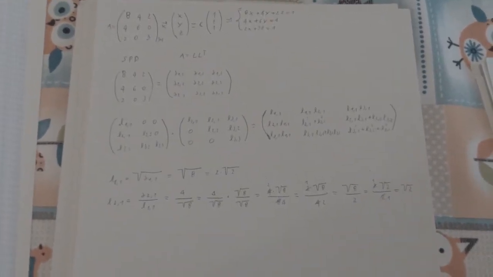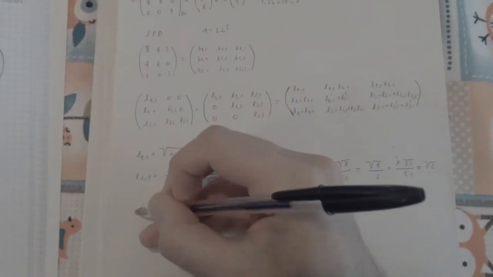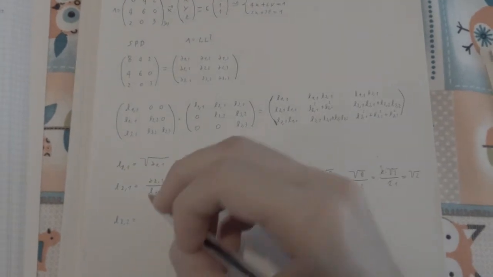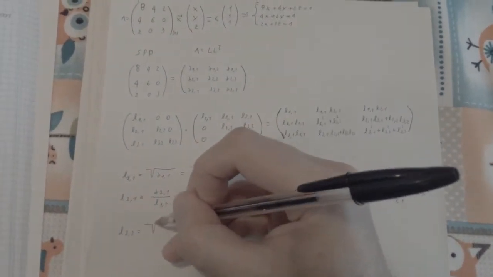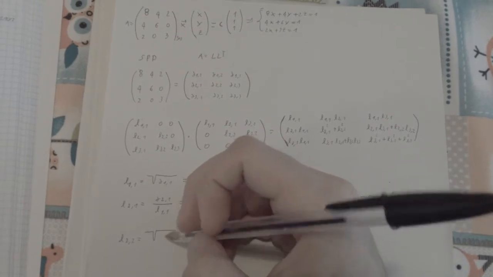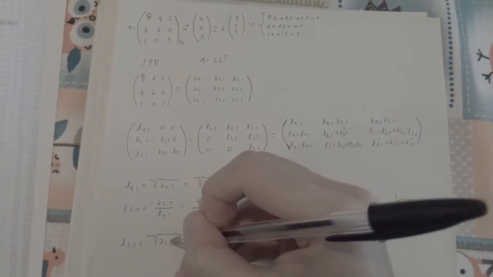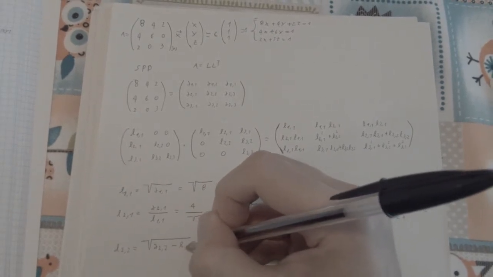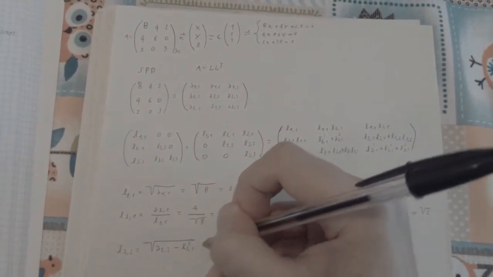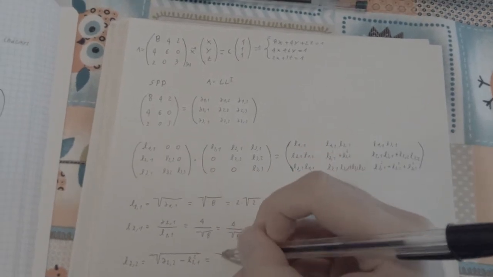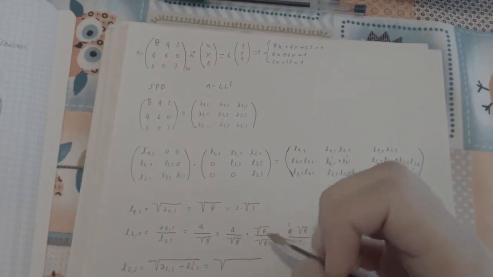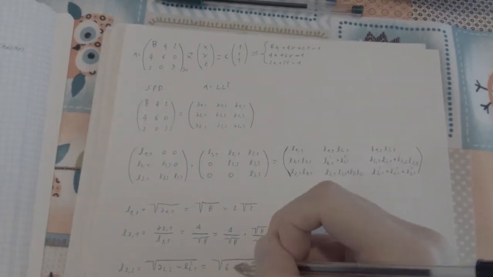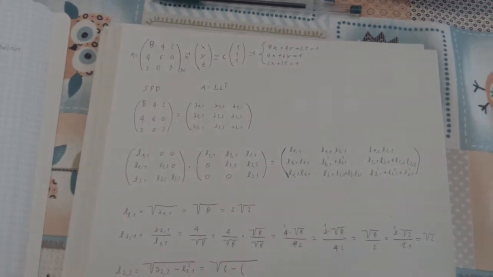Now we're heading for L22. L22 is given by the square root of A22 minus L21 squared. So this is A22, so 6, minus L21.